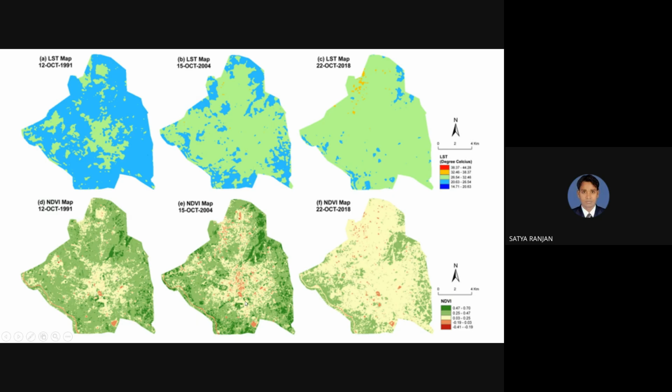Then after vegetation degradation and the growth of the population and the settlement, the settlement area expands to these areas, and the vegetation area decreases gradually. Then this is 2018. So very little vegetation area is there. This is the situation. So based on NDVI, we can calculate the vegetation index, forest cover, and greenery areas.